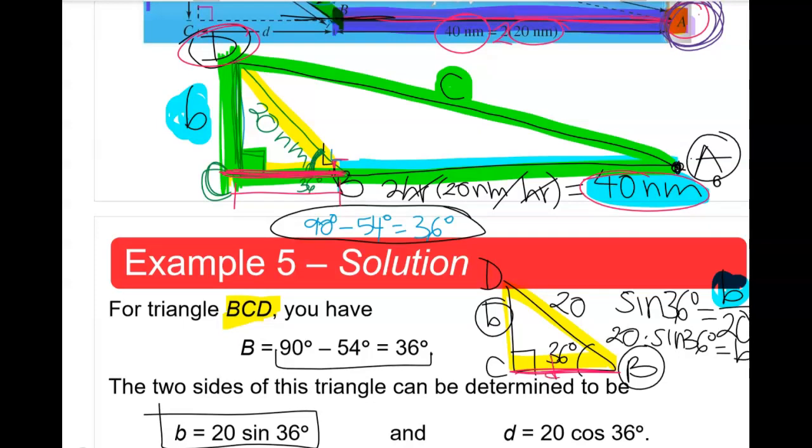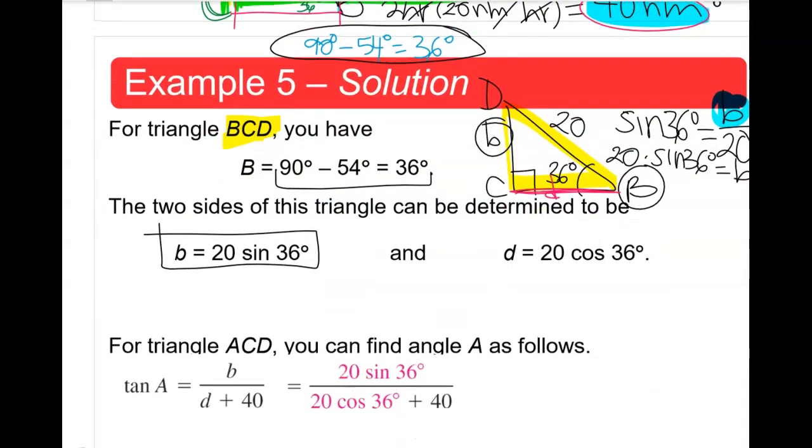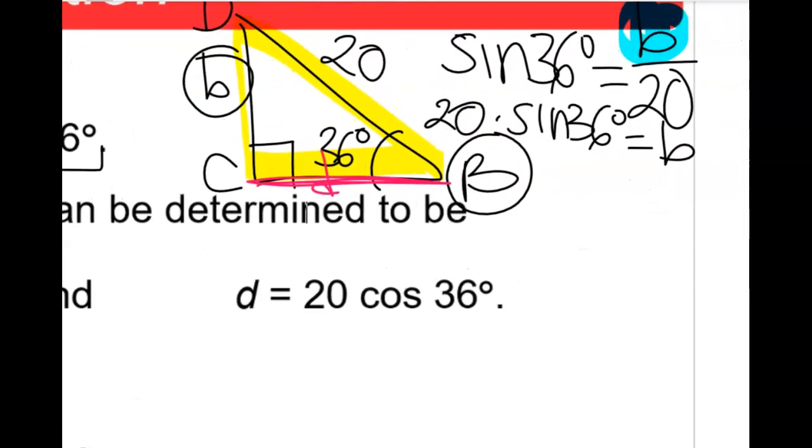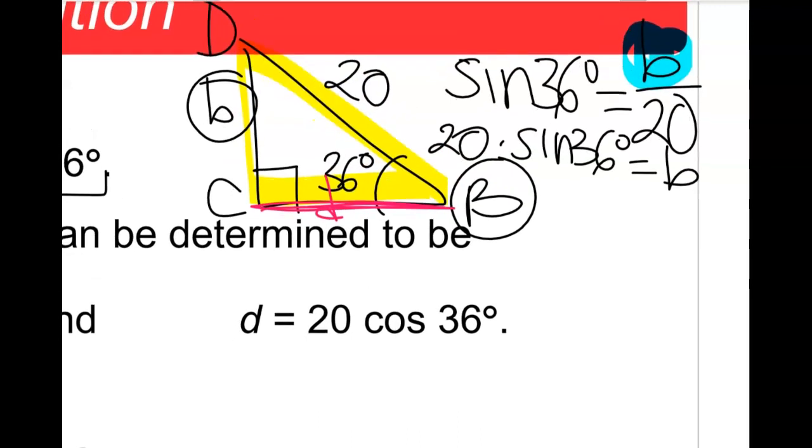Okay, so now D is the adjacent side to the angle that we have there of 36 degrees. And so what makes sense for us to do is to use something with the adjacent and the hypotenuse. And that will be the cosine of 36 degrees is equal to the adjacent side, which we're calling D, over the hypotenuse, which is 20.